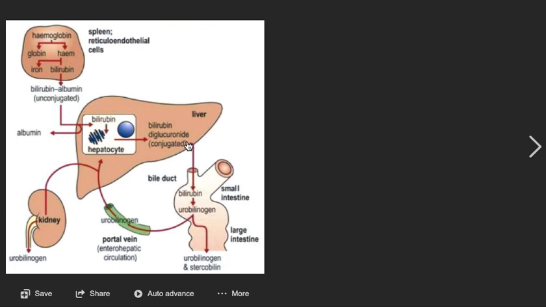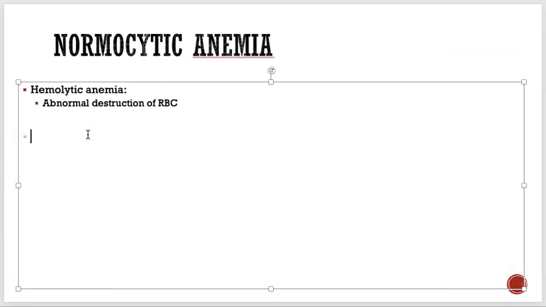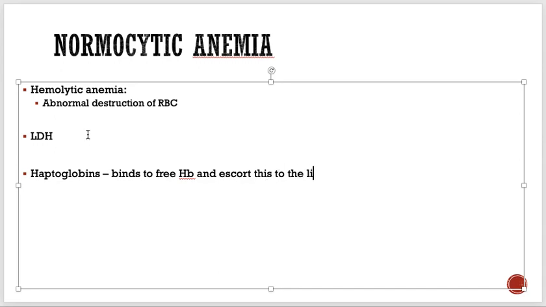So there is something called haptoglobin. One story is about LDH, and one story I'm telling about haptoglobins. Haptoglobins basically bind to free hemoglobin, and you can say escort it to the liver.